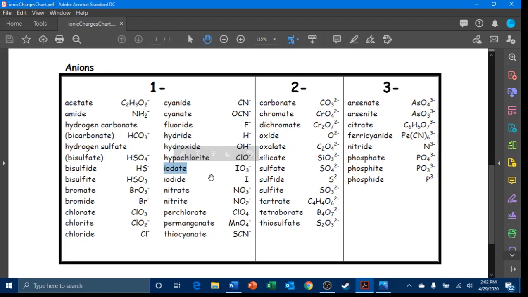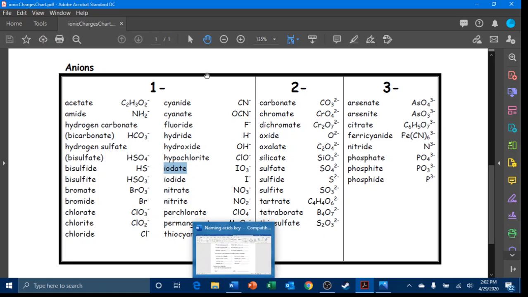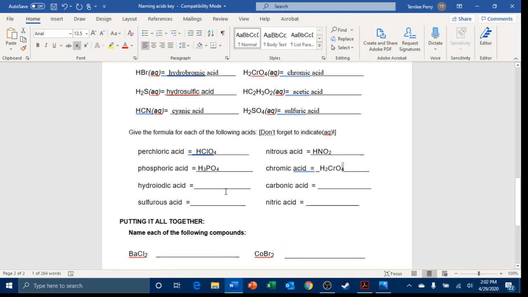Iodate is what you're looking at. So that's IO3. It's also a 1, so you don't have to do anything with the numbers. And that one is going to be HIO3.